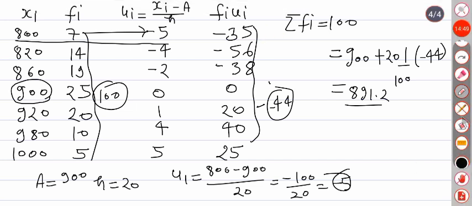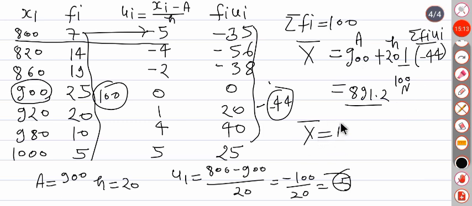Basically, I am writing the mean x bar as a, which is 900, plus h, upon capital N, times summation over fi ui. So basically I have calculated first, and now I write the formula: h upon capital N summation over fi ui.